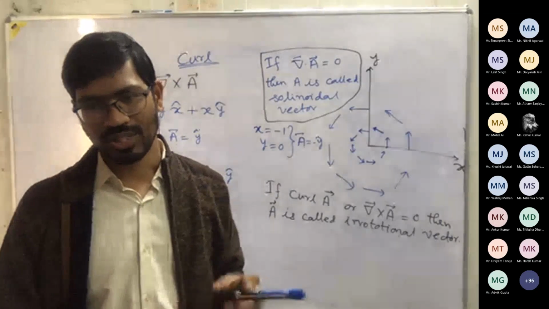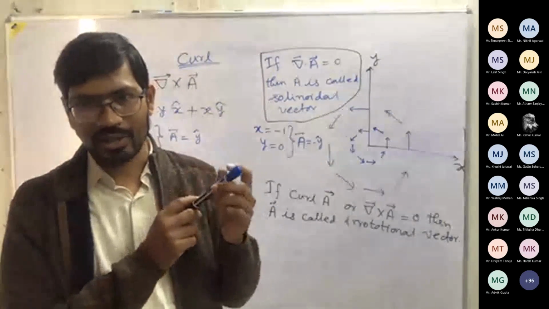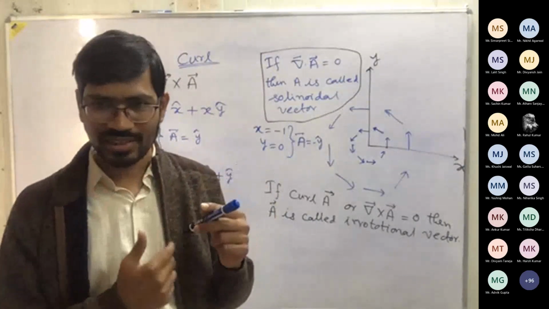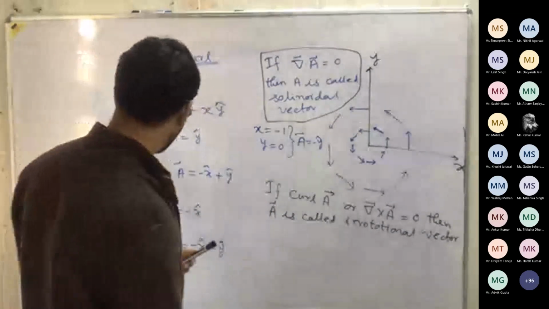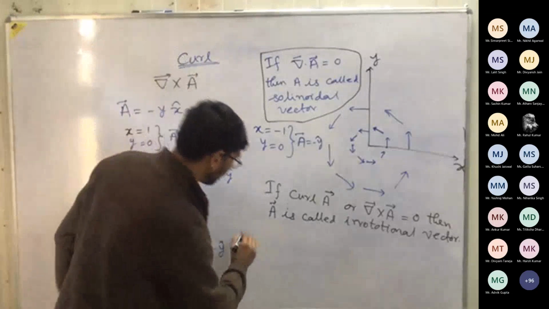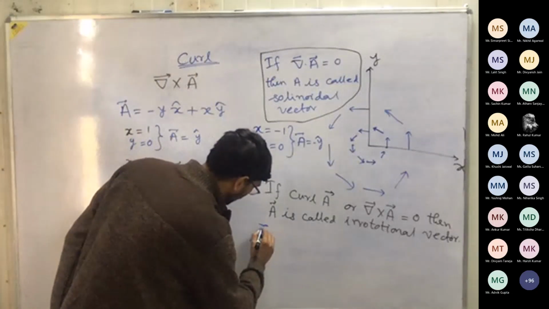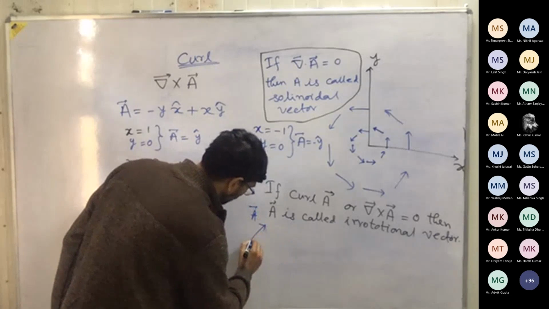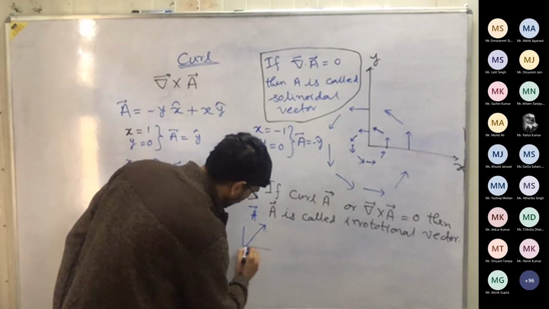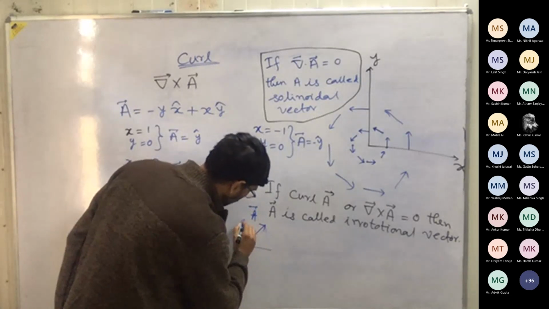Look, say you have a vector A, and here is your coordinate system, x, y.